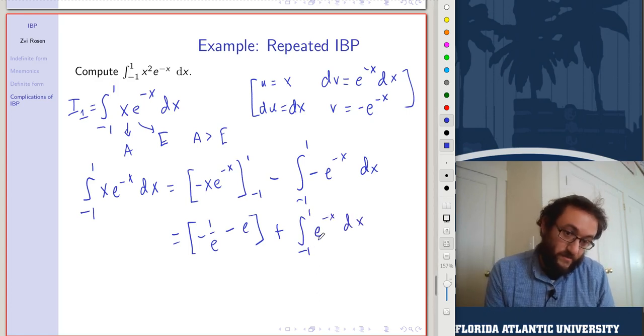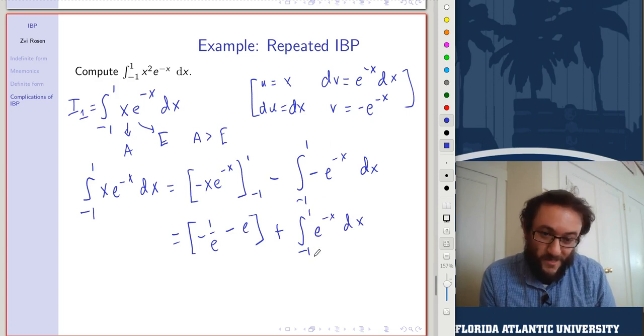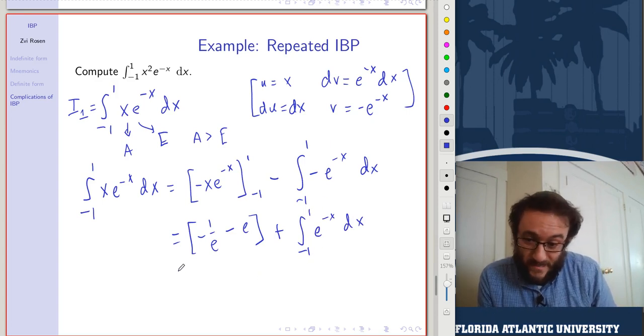Okay, this antiderivative, as we've done a few times already, is minus e to the minus x.